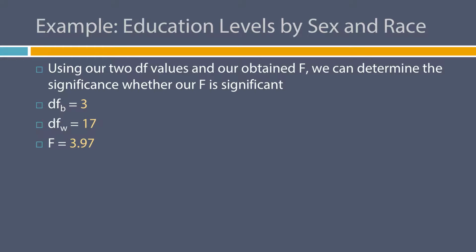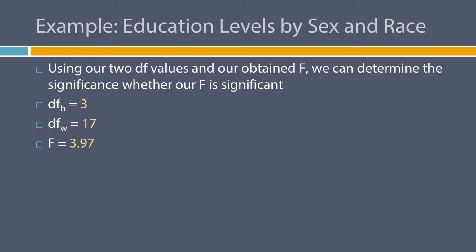And how do we do that? Well, much like we did with our t-test, we needed to know the degrees of freedom. But here we have 2 degrees of freedom: degrees of freedom between as well as degrees of freedom within. So we take both of those degrees of freedom at our alpha level and see what the critical F value is. And just like with the t-test, we want our F critical to be lower than our F obtained.